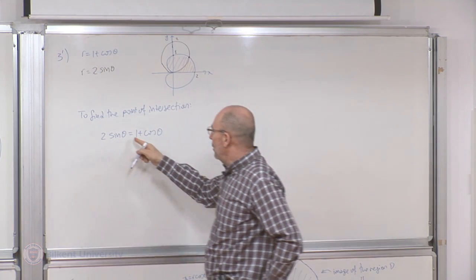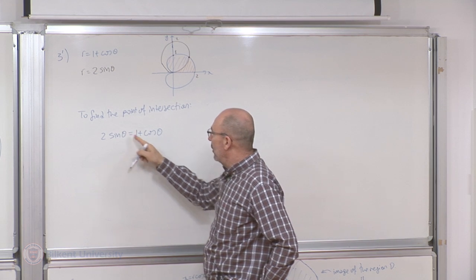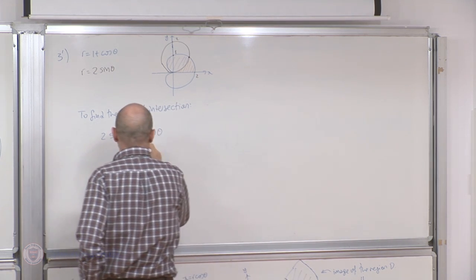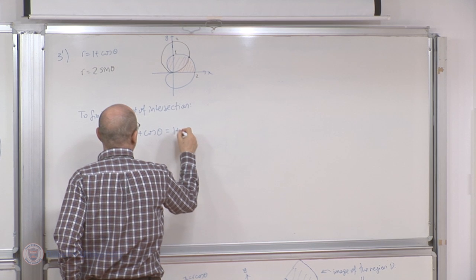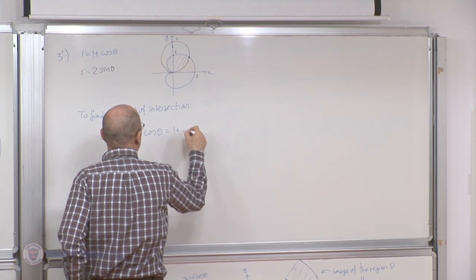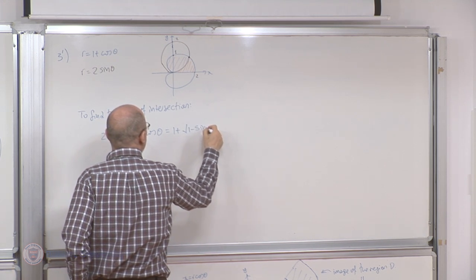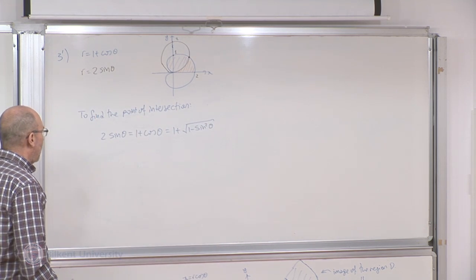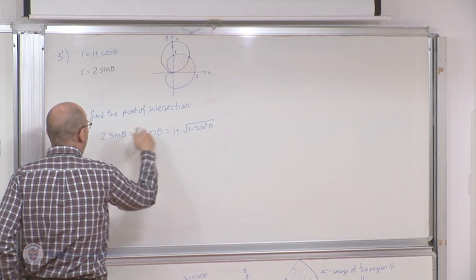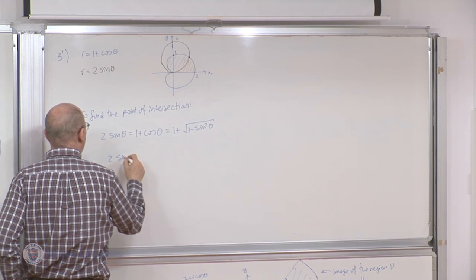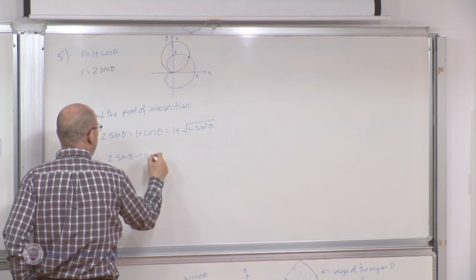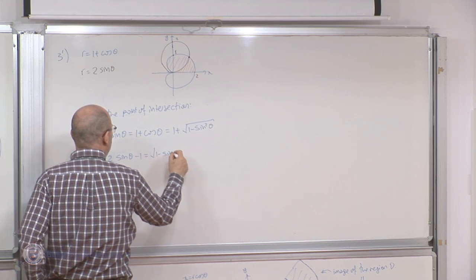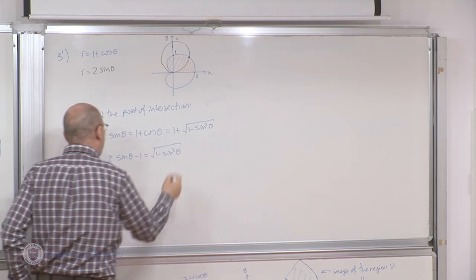Now cosine theta is the square root of 1 minus sine square, so let us write it like that: 1 plus square root of 1 minus sine square theta. Let us take this one to the other side. We have 2 sine theta minus 1 is equal to the square root of 1 minus sine square theta.